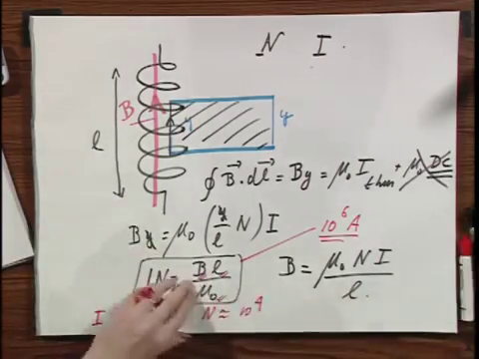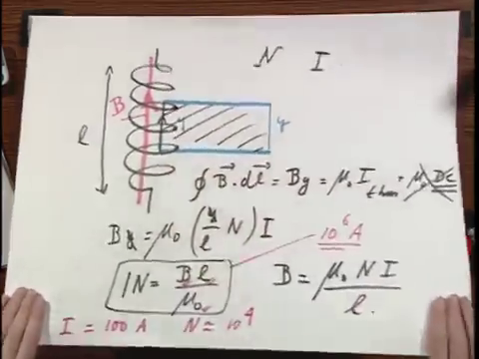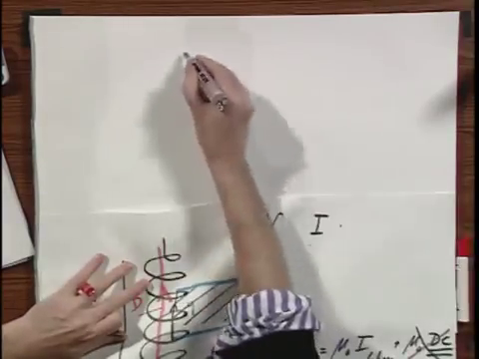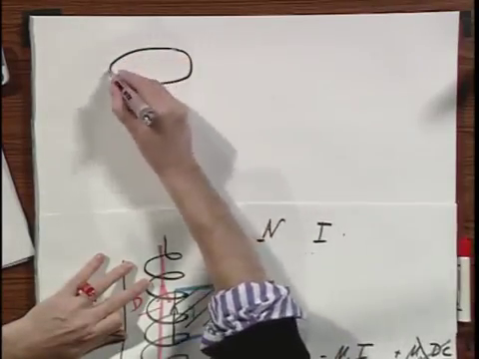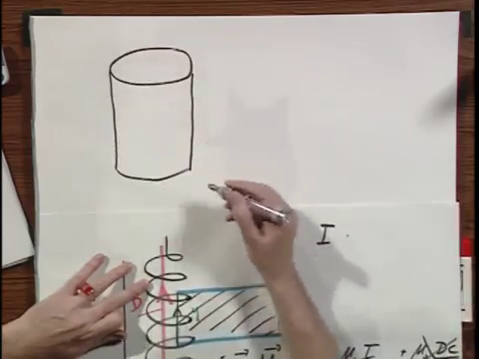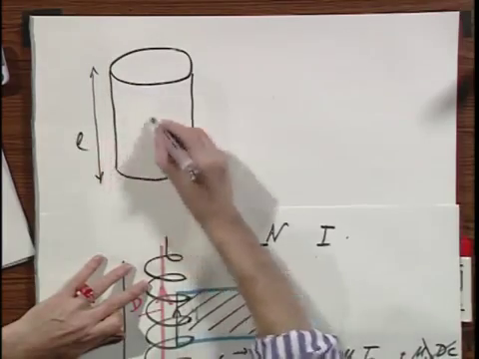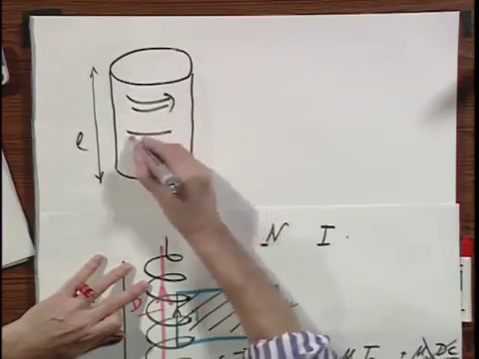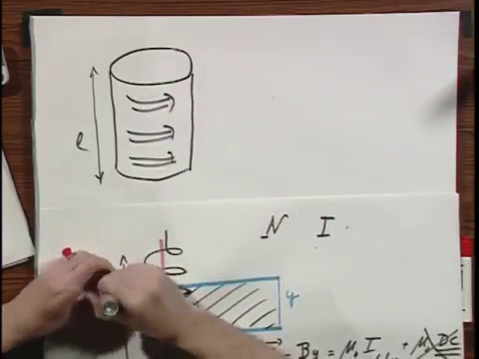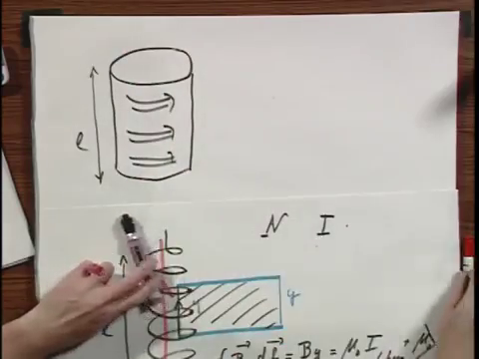Now I'm going to look at this cylinder, not as individual windings, but I'm going to look at it literally as a shell cylinder, open here, and it has length L, and there is this combined current going through all these N wires, going around and around, making this magnetic field like so.